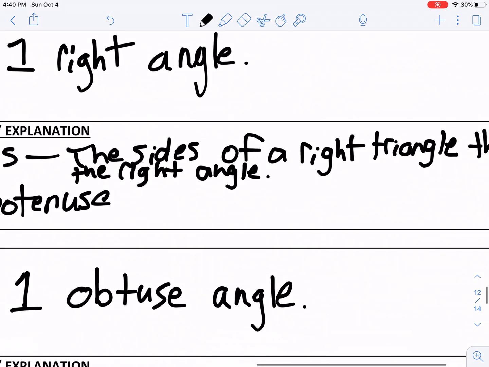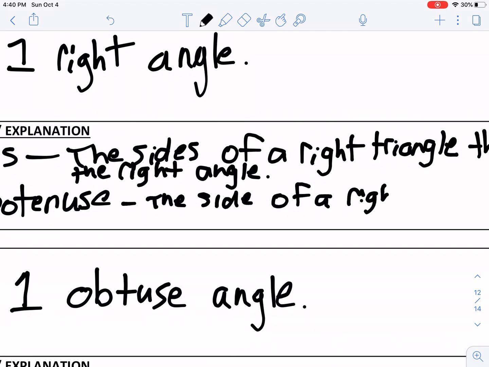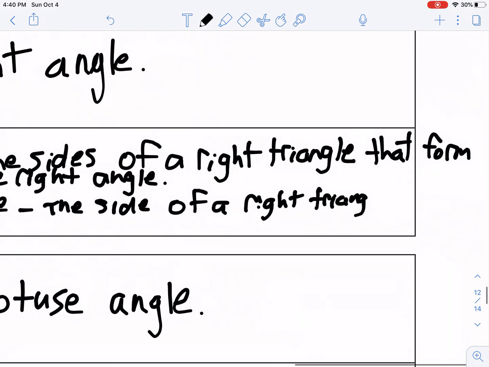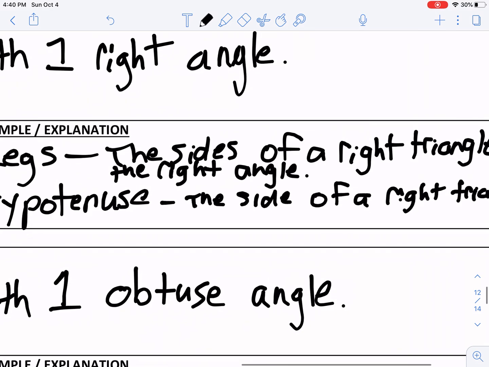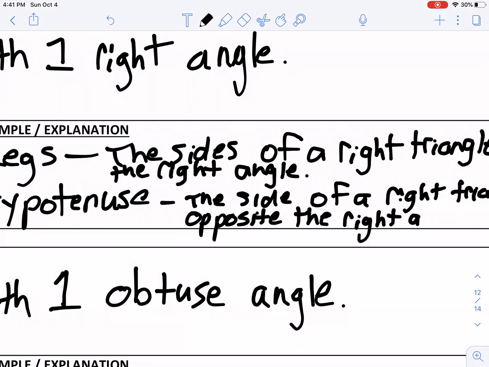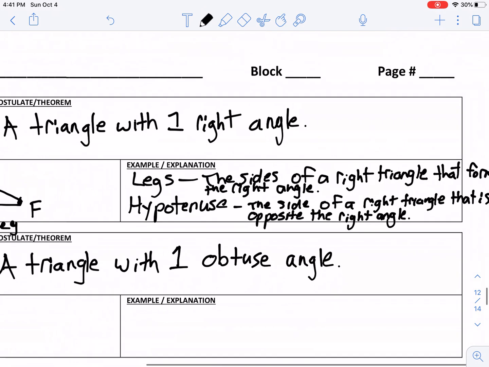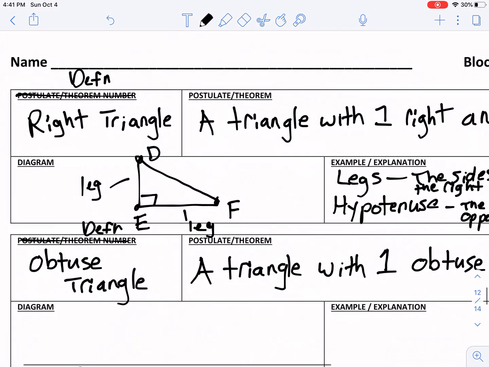Now the hypotenuse is the side of a right triangle that is opposite the right angle. So the hypotenuse would be DF here.